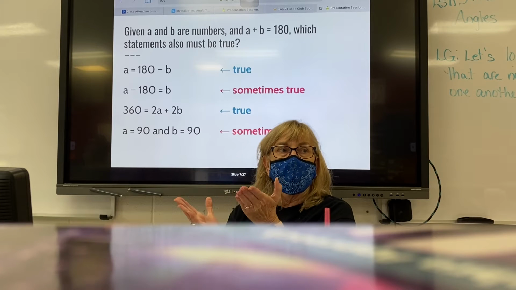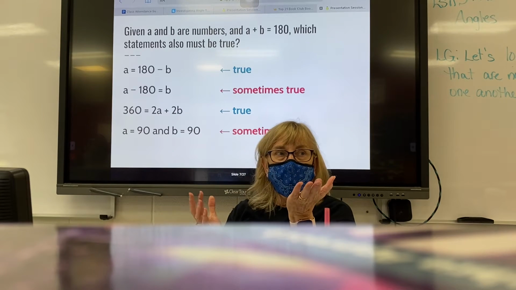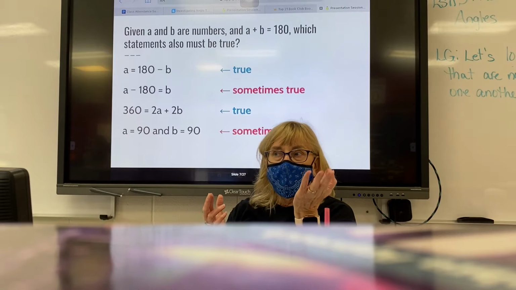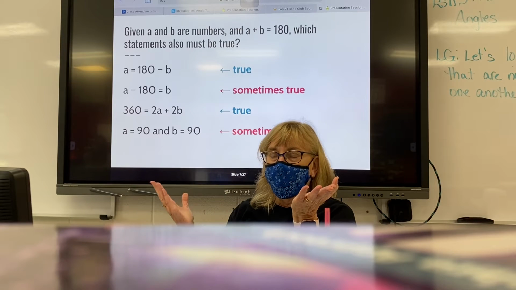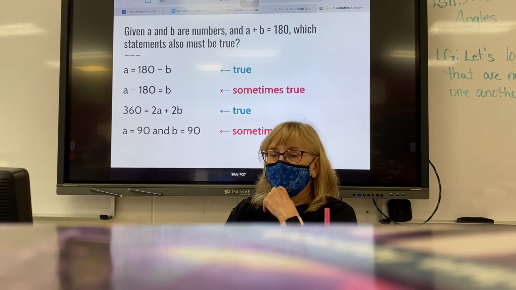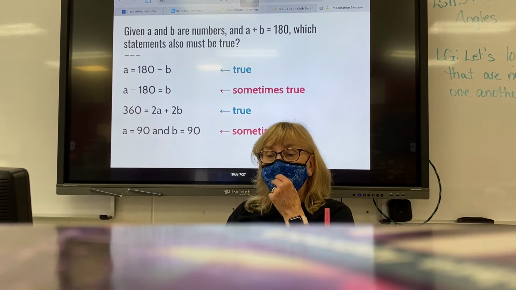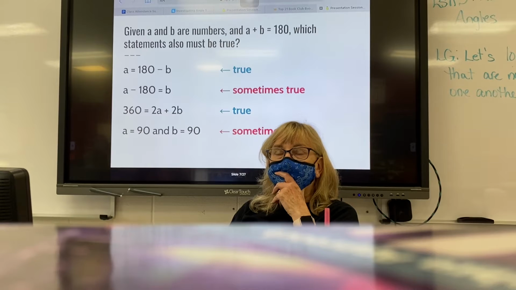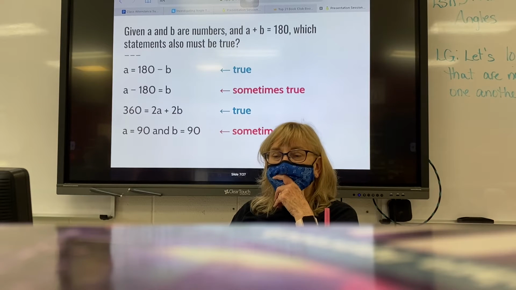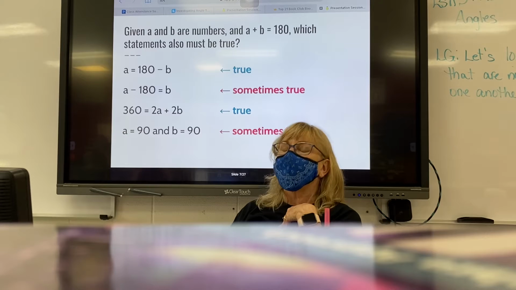So what are we going to end up with? Is A going to be, one of them's going to be positive and one of them's going to be negative, okay? Why is C, the third one, always true? Because A plus B is basically saying 1A plus 1B is 180, and 180 times 2 is 360, so 2A plus 2B.